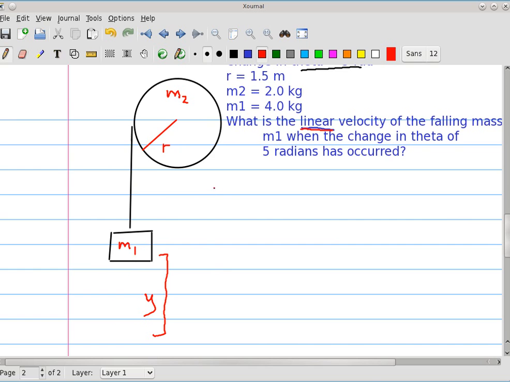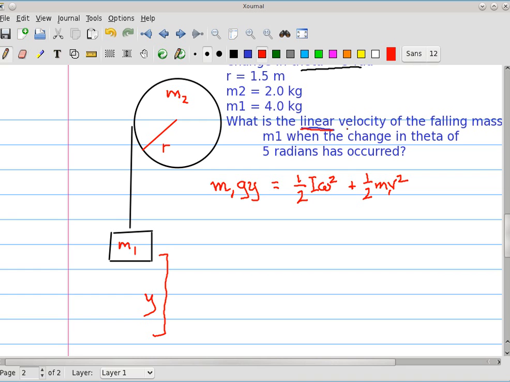So really, we can start by writing m1 g y, that's the gravitational potential energy, is equal to the rotational kinetic energy at the end of it, 1/2 I omega squared, plus the translational energy, 1/2 m1 v squared.